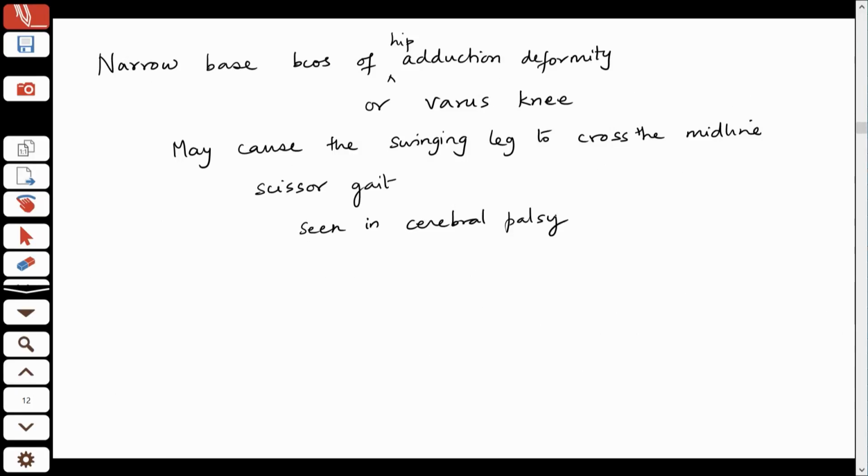This is a varus knee, because it is like this in the frontal plane, right. Okay. So, as it is moving, the shank is crossing the midline.